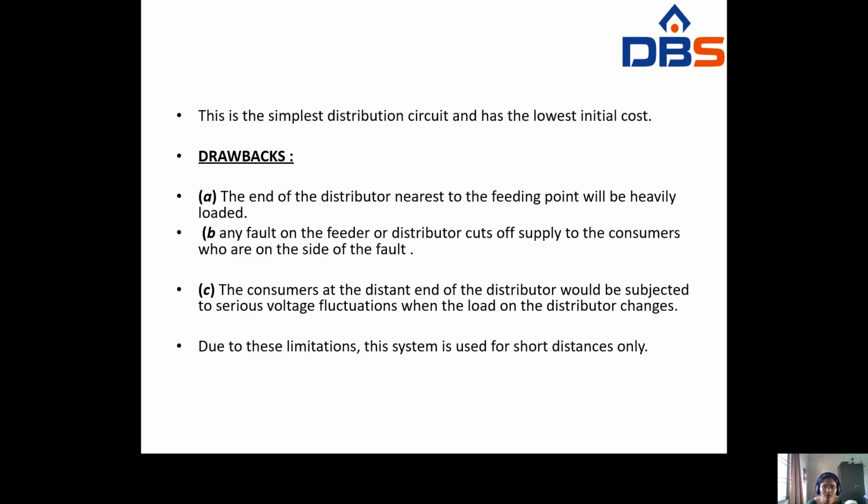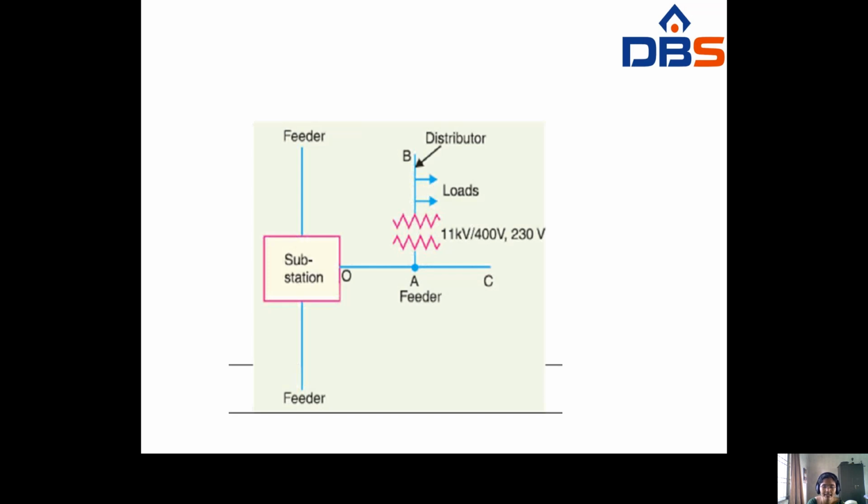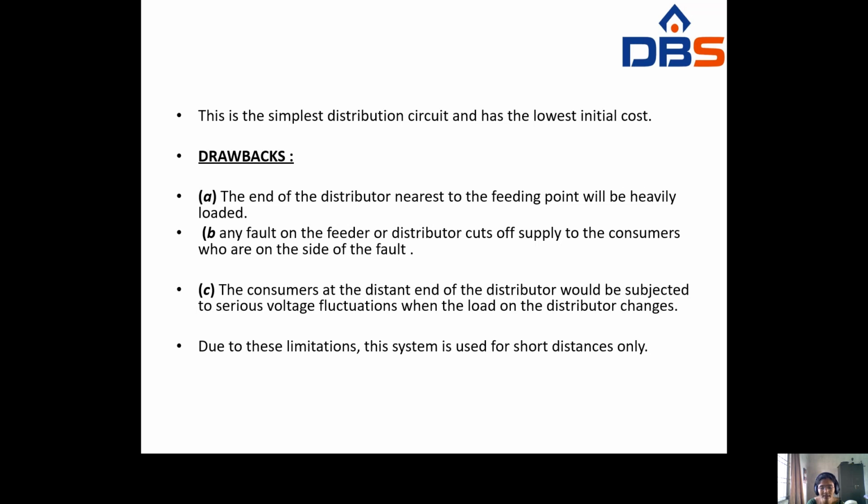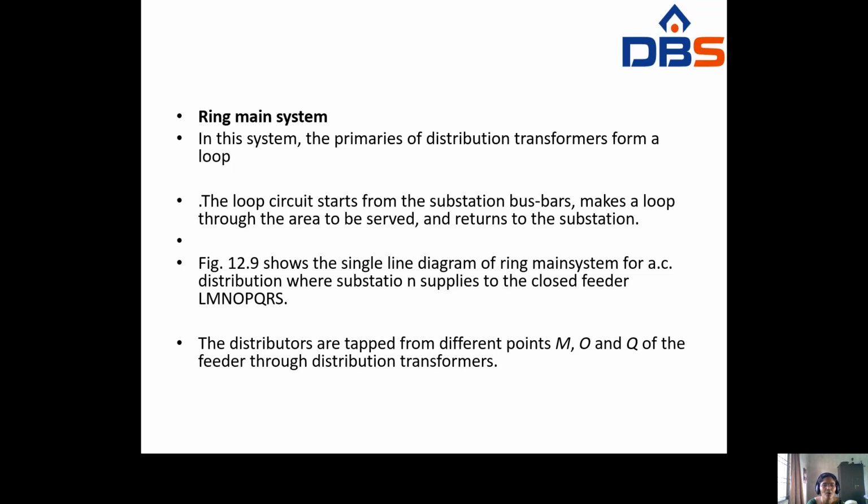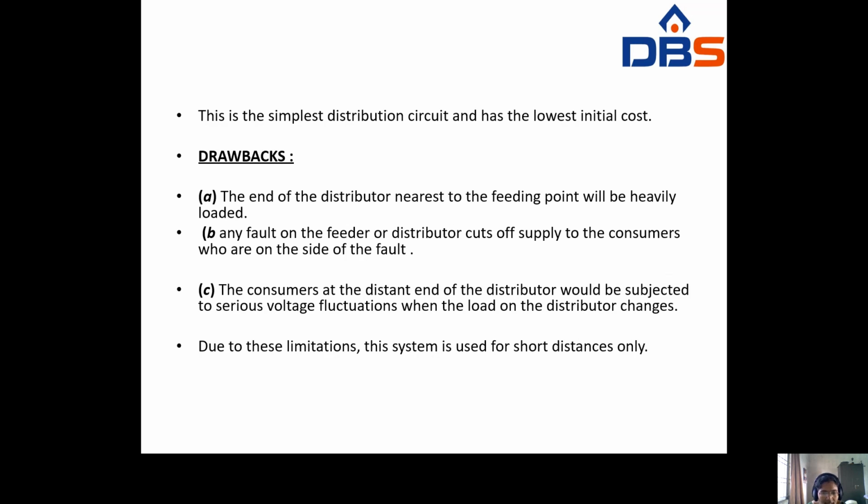This is the simplest distribution circuit, having the lowest initial cost. Coming to the drawbacks of the radial system: the end of the distributor nearest to the feeding point will be heavily loaded.